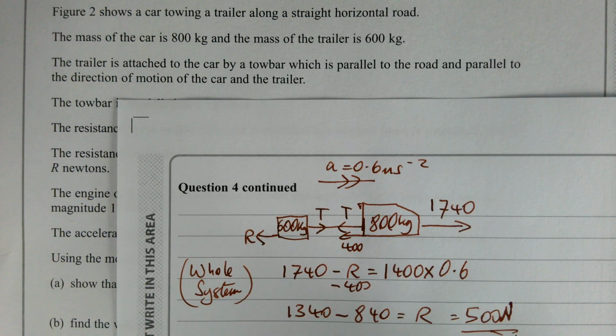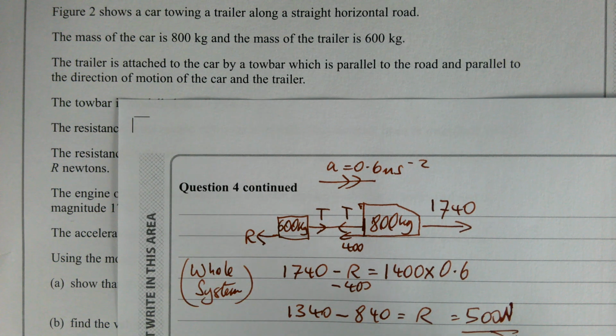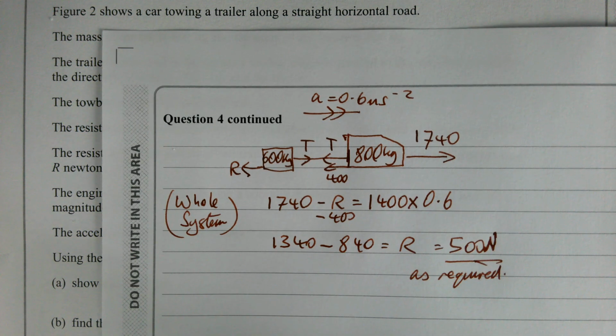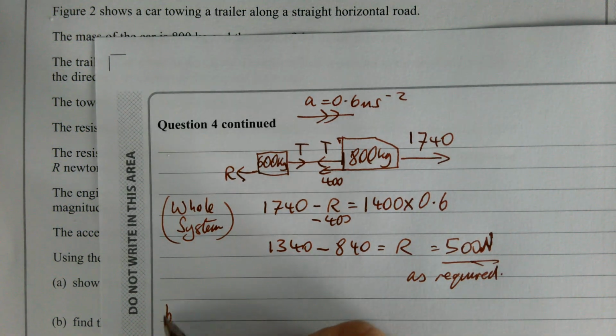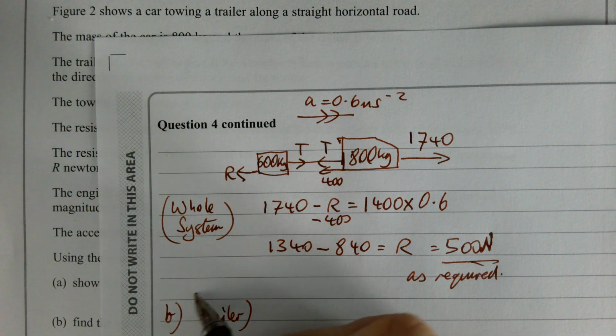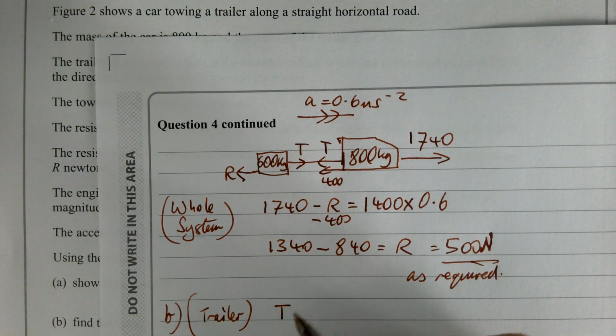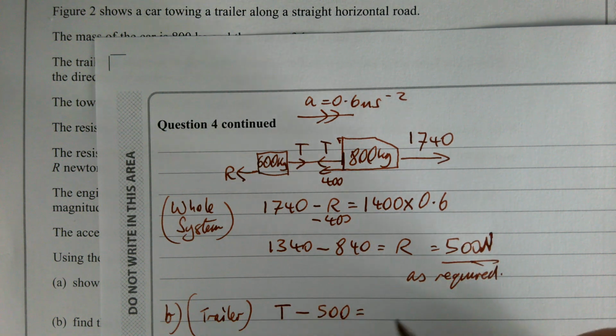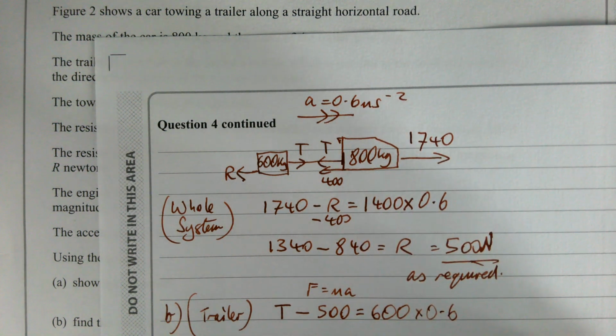So we can do this either with just the trailer, or we can do it with just the car. We've got to consider one of them though. The trailer's the easiest one because it's just the tension minus R, which is 500, is going to be equal to, so we're always using F equals ma, by the way, the mass of the trailer, 600, times the acceleration, which is 0.6.